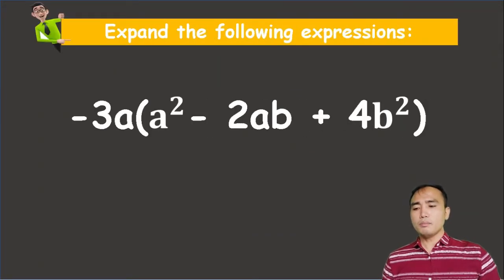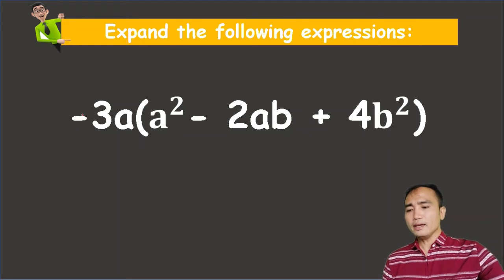How about multiplying a monomial by a trinomial? Negative 3a times the group a squared minus 2ab plus 4b squared. Okay, let us apply the process of the distributive property.